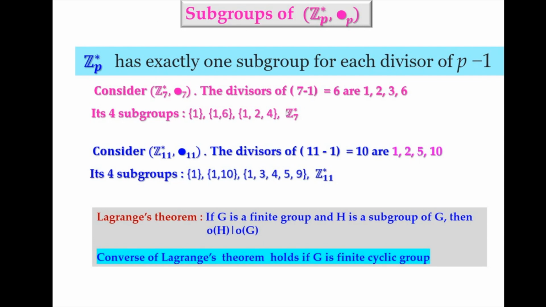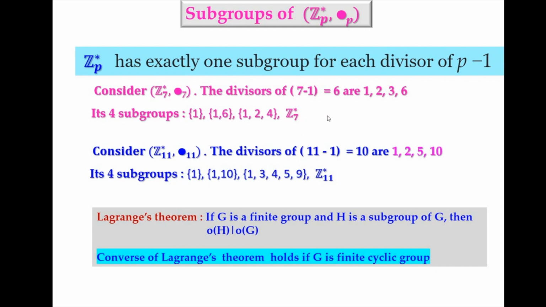It is not only about deciding how many subgroups we can have for such a group, but how are they determined? That is also very important. For that we need to know the concept of finding the order of an element of a group, which is going to be dealt with in the next video. We see that Zp star under multiplication modulo p is always a cyclic group.